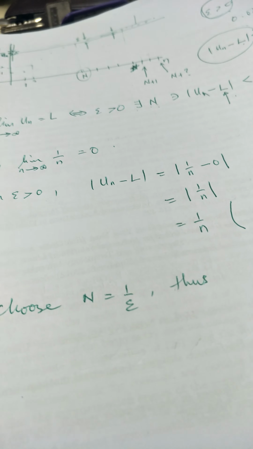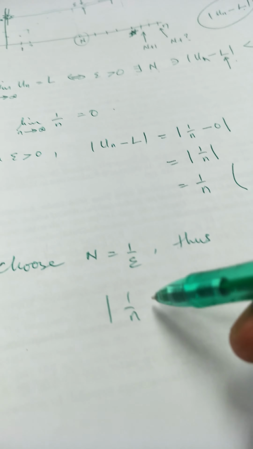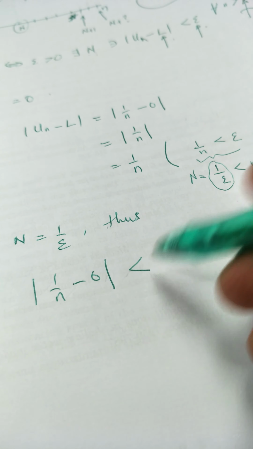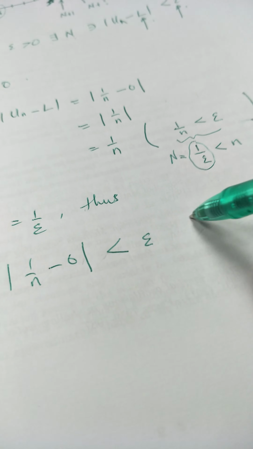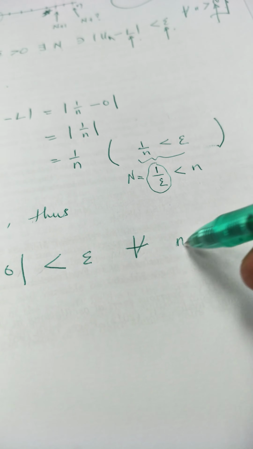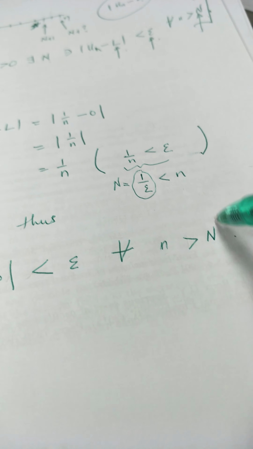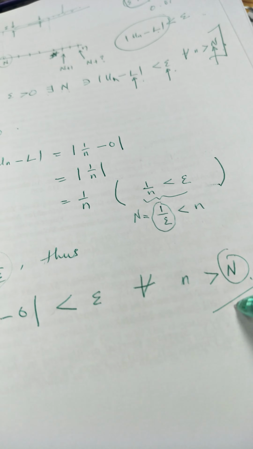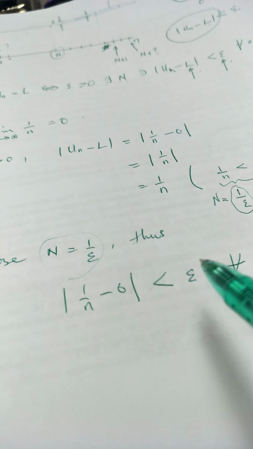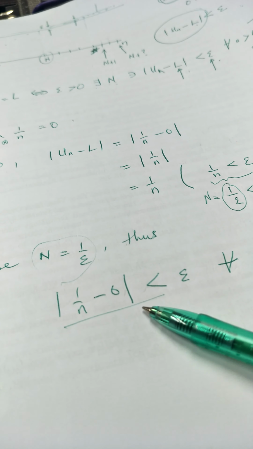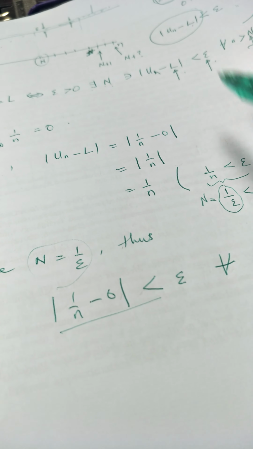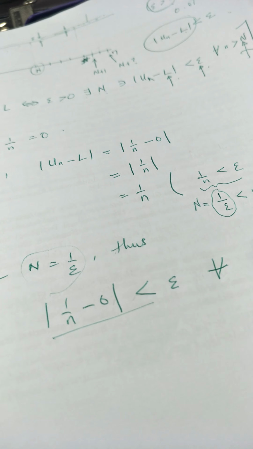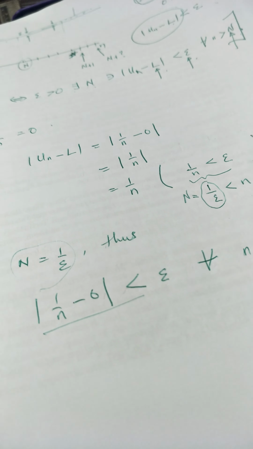Thus, 1 over n minus 0 is always less than epsilon for all n greater than N. So in this case, your N is this. That's the proof. This is what we want to show, and we have shown that by choosing that N, we can have those things less than epsilon.